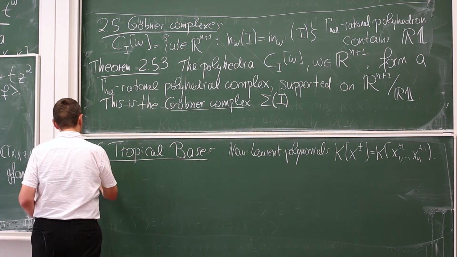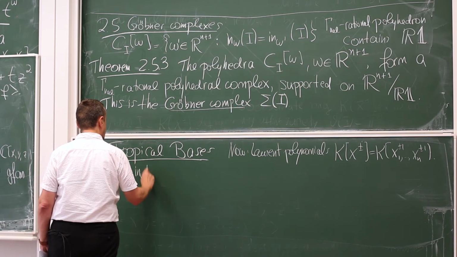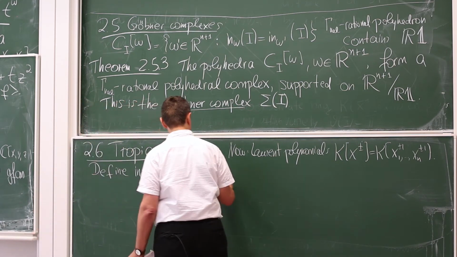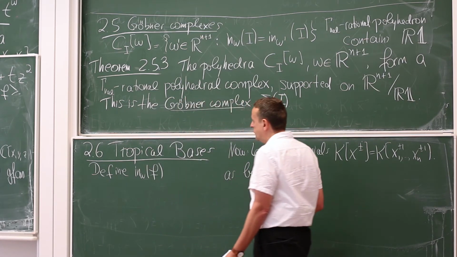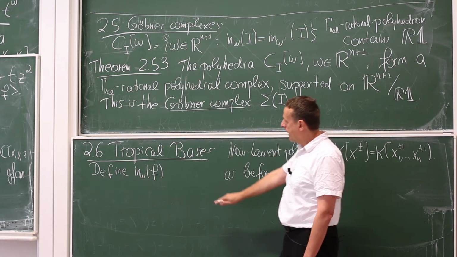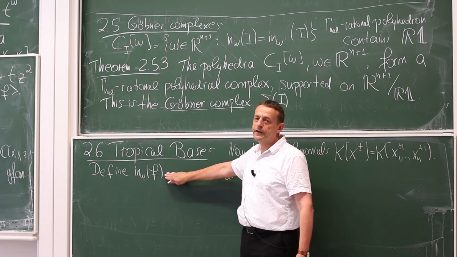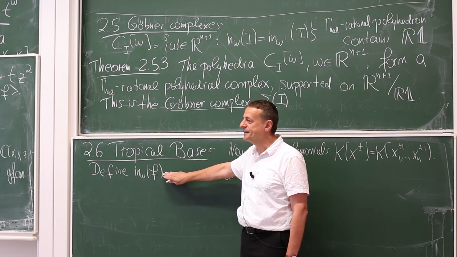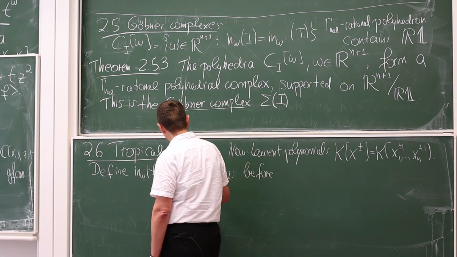Now we can certainly define the initial form of any Laurent polynomial as before. So if you give me a Laurent polynomial, I can run the same definition that we had before. Well, there's the definition, where wi is not in the value group that I spared you from, and then there's the other one that you saw, and you can also do this for ideals.